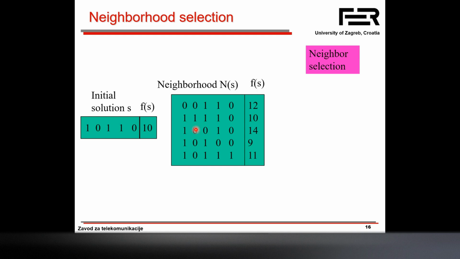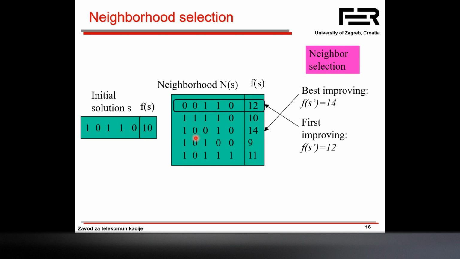And now we look at different neighborhood selection strategies. So let's say we want to find the best improving neighbor. By the way, let's say we're looking at a maximization problem. In that case, we look at the entire neighborhood and we choose the neighbor which is the best improving neighbor. It has a fitness value of 14. So our new solution is now going to be 1, 0, 0, 1, 0.